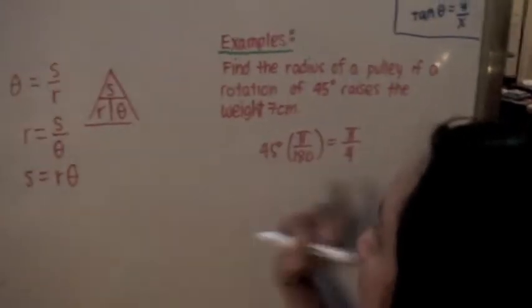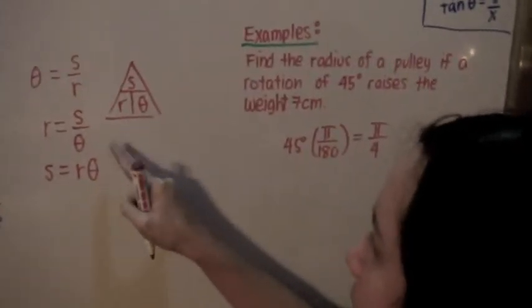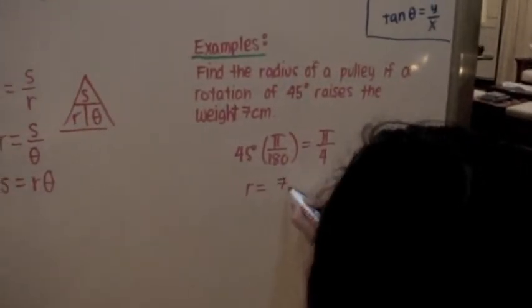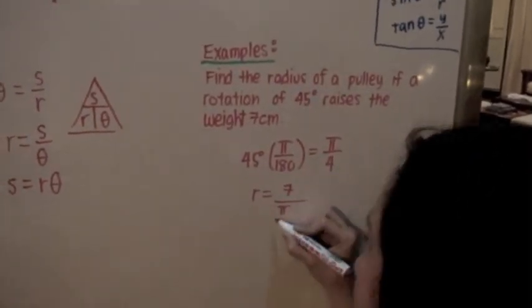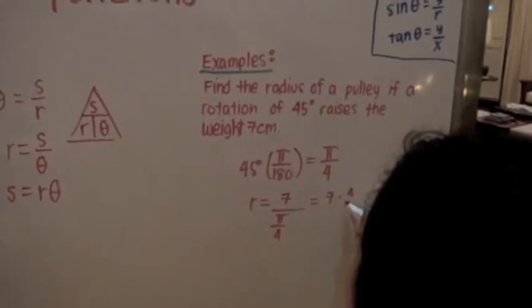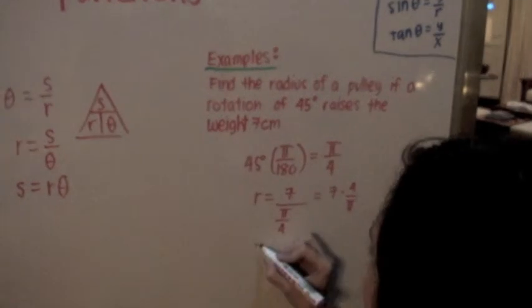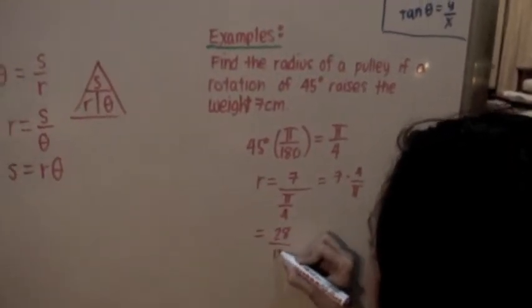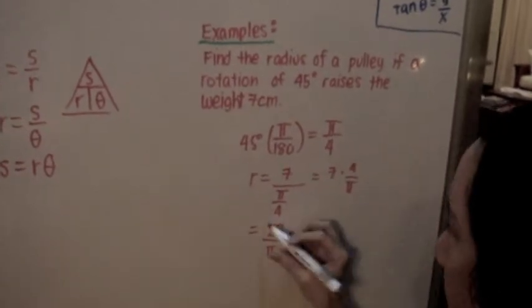So we use the formula R equals S over theta to get the radius. So R equals 7 over pi over 4. So this is equal to 7 times 4 over pi. Our final answer would be 28 over pi cm.